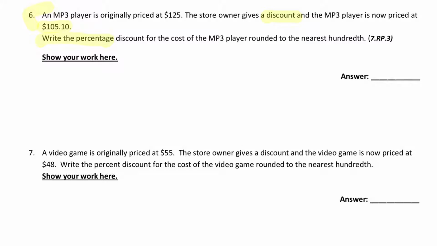So we know that the percent is missing. Do we know the whole amount? Sure, the whole amount was $125. And do we know the part that this person paid, or that someone would pay if they were buying it? Yes, the part they were paying is $105.10.